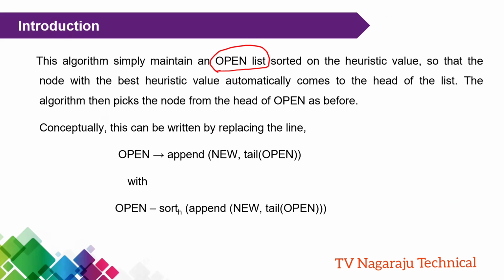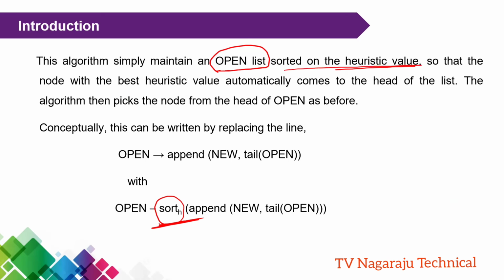But the thing is, in the best first search algorithm, the nodes in the open list are in sorted order. So this sorting order is the heuristic value, meaning this algorithm maintains the open list sorted based on the heuristic value.